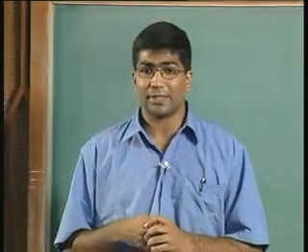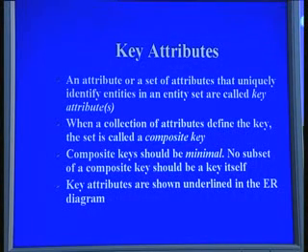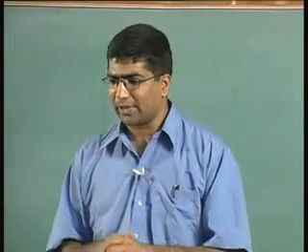An attribute or a set of attributes that uniquely identify entities in an entity set is called a key attribute. Like I said, it need not be just one attribute; there could be more than one attribute which is a key, in which case the key is called a composite key. So the key is made by combining two or more attributes together.